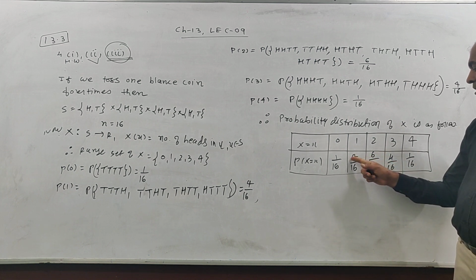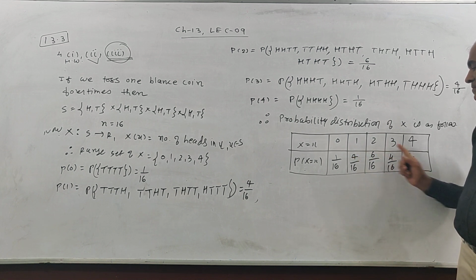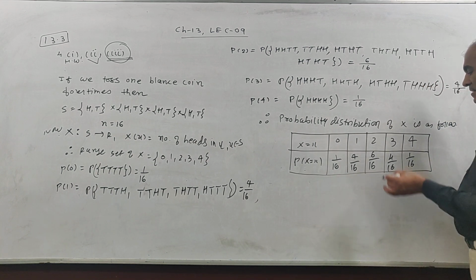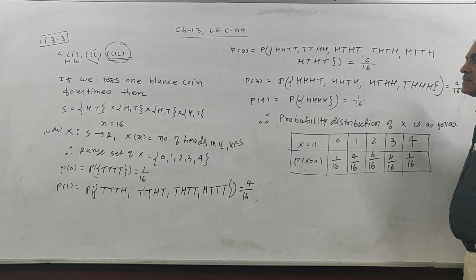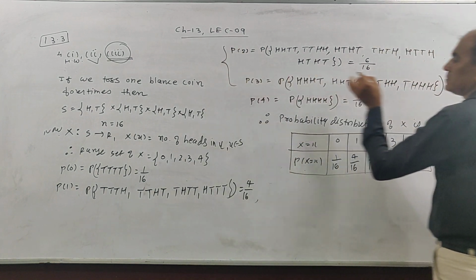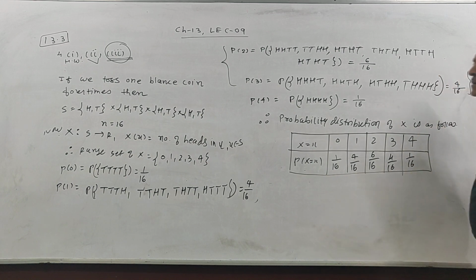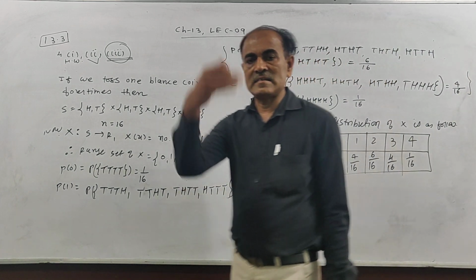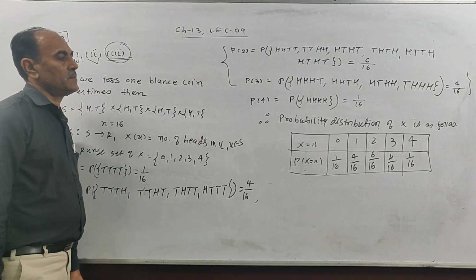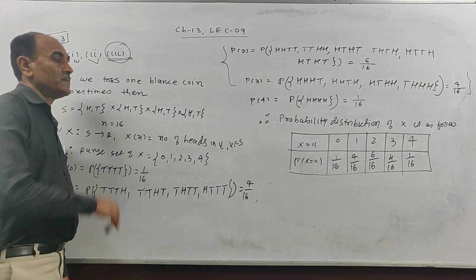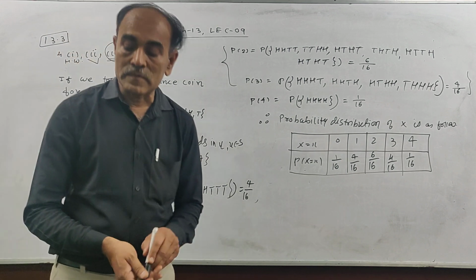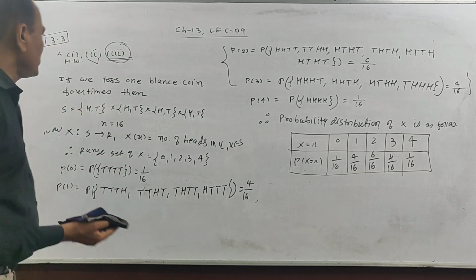Sum: 1 plus 4 is 5, plus 6 is 11, plus 4 is 15, plus 1 is 16, so 16 by 16. Last time the mistake was done here, 5, and here also 5 was written. Those two things are mistakes done by me. That was already solved, so please cancel that sum and consider this one. This is the probability distribution of number of heads whenever one balanced coin is tossed 4 times. Clear to everybody? Yes.